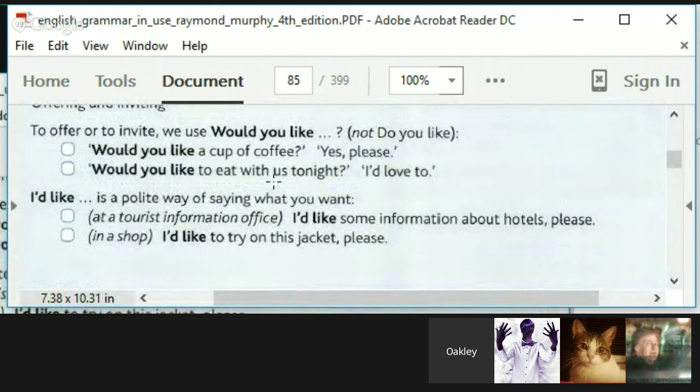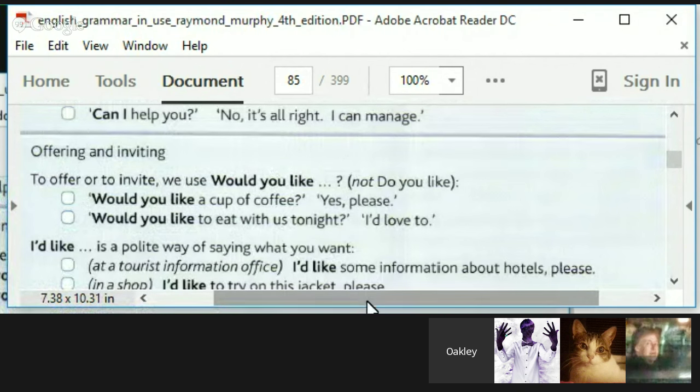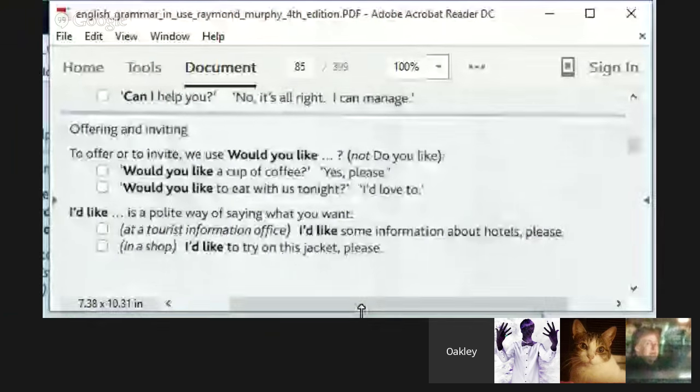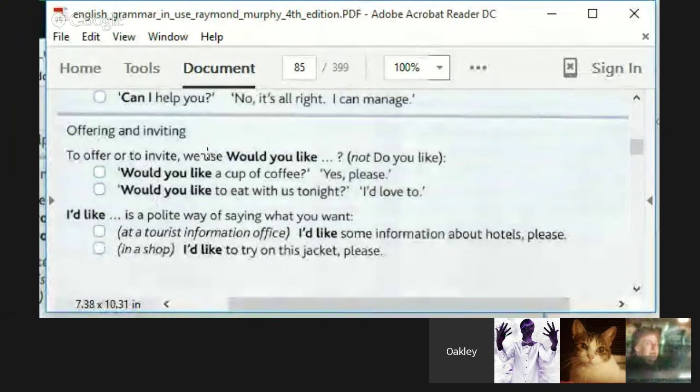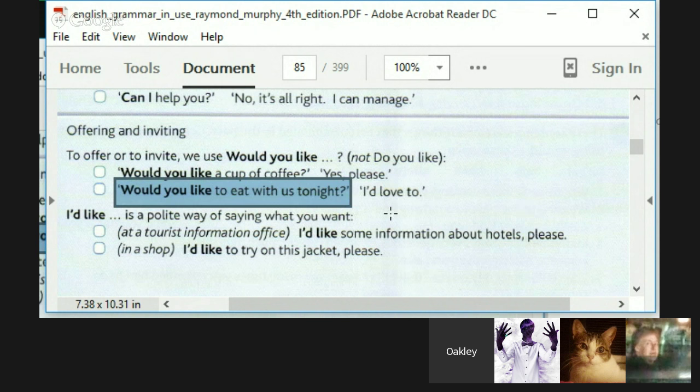We only have a couple of minutes, so just quickly, another use of would is offering and inviting. It is also common enough to use would to offer or to invite. For example, would you like a cup of coffee? Yes, please. Would you like to eat dinner with us tonight? Okay, I'd love to.